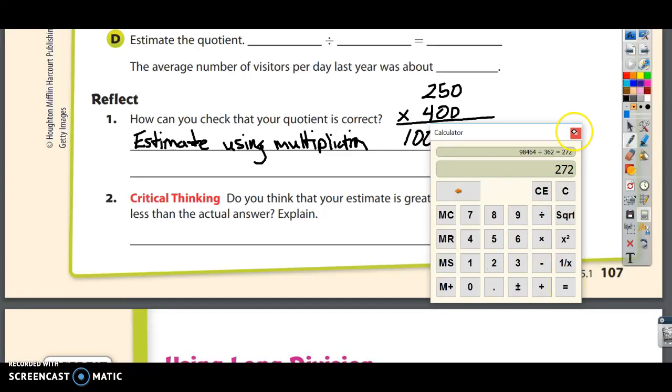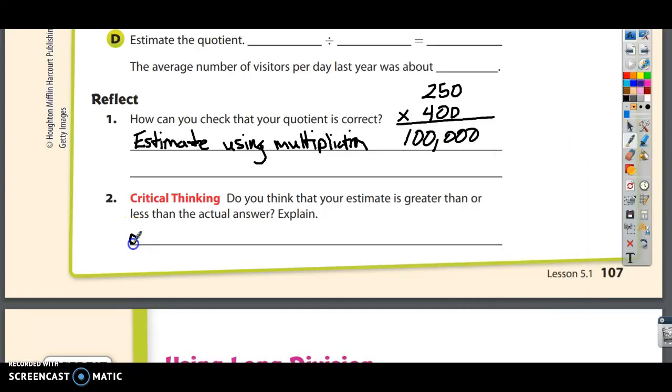So the actual answer was 272. Our estimate was 250. So our estimate was lower.